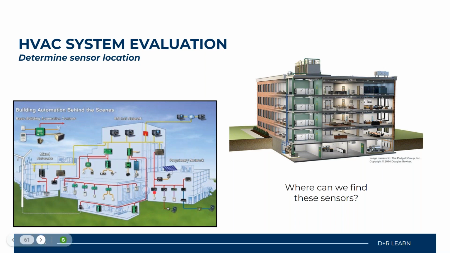Some of the places that you can find these sensors are definitely inside of your equipment. So you will find it in your mechanical room. You'll find it depending on what type of sensor it's for. If it's for directly measuring some sort of electrical value, it will be in line with that electrical connection somewhere, so that it can send that reading back to the system to be read.